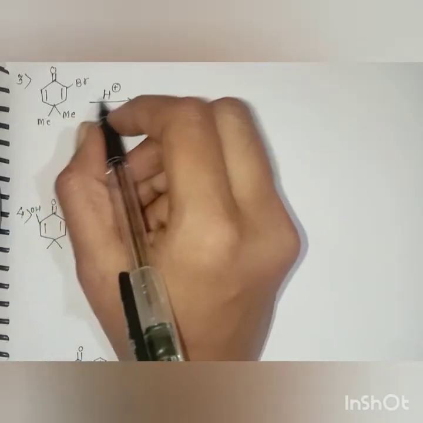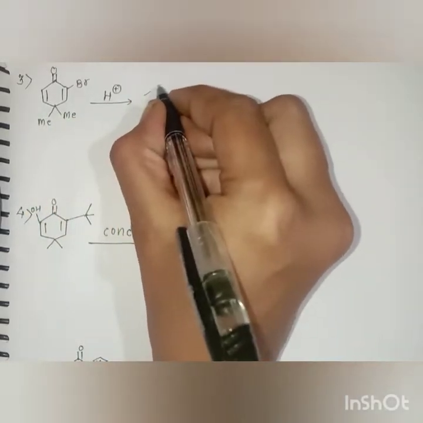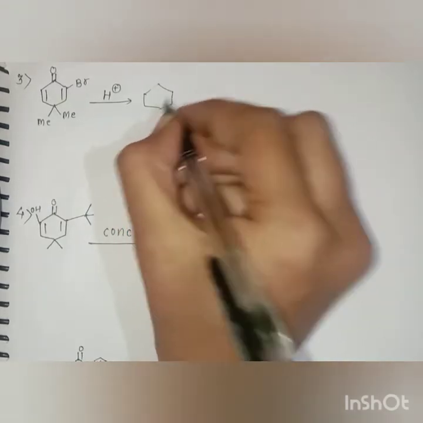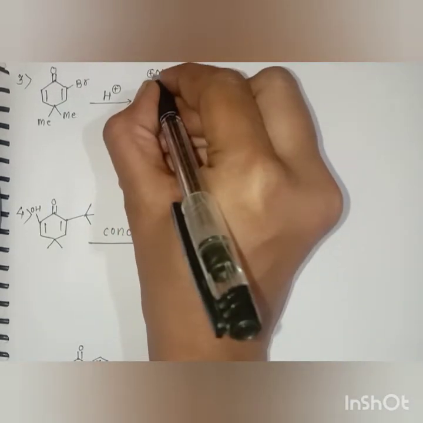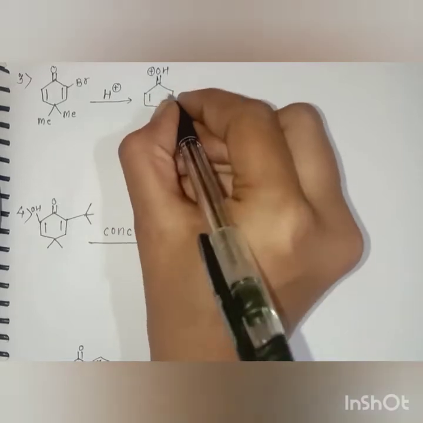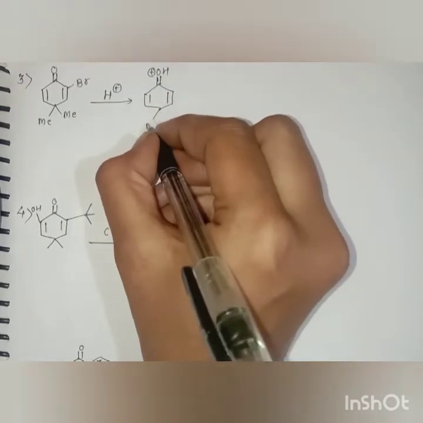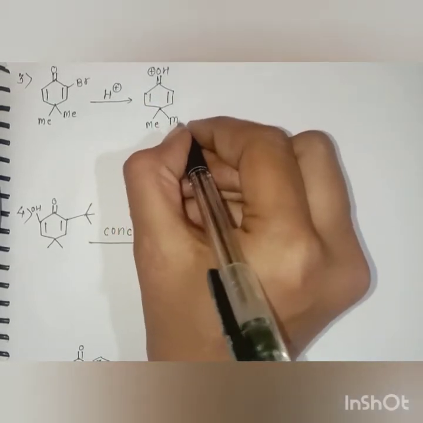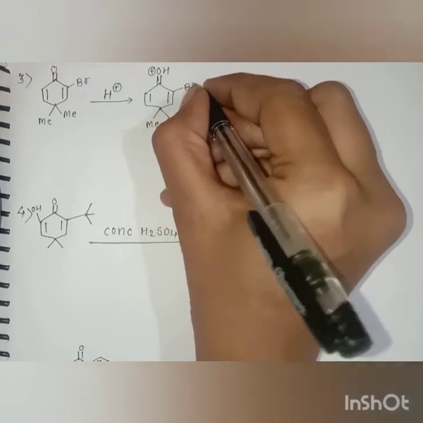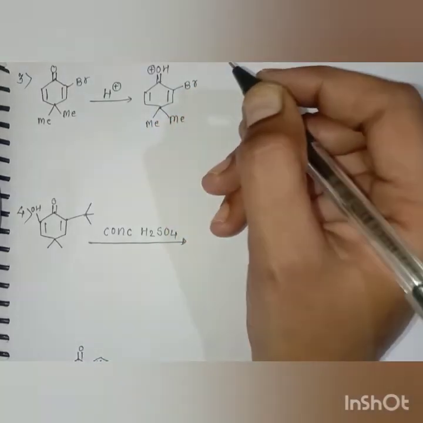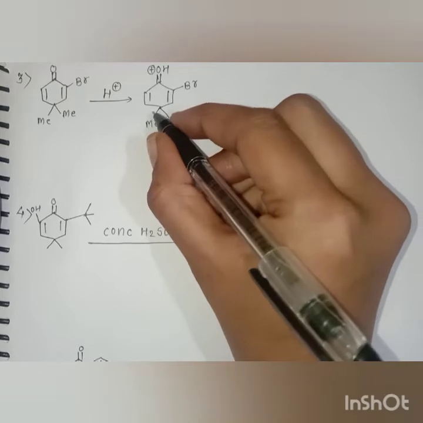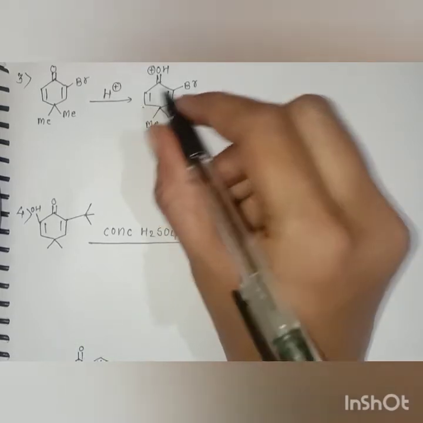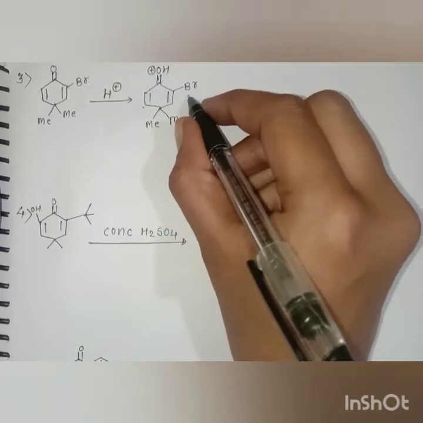Now, in this example, firstly, we will get this. Here, you may think that this group, that is the methyl group, migrates on this side to avoid the steric hindrance.